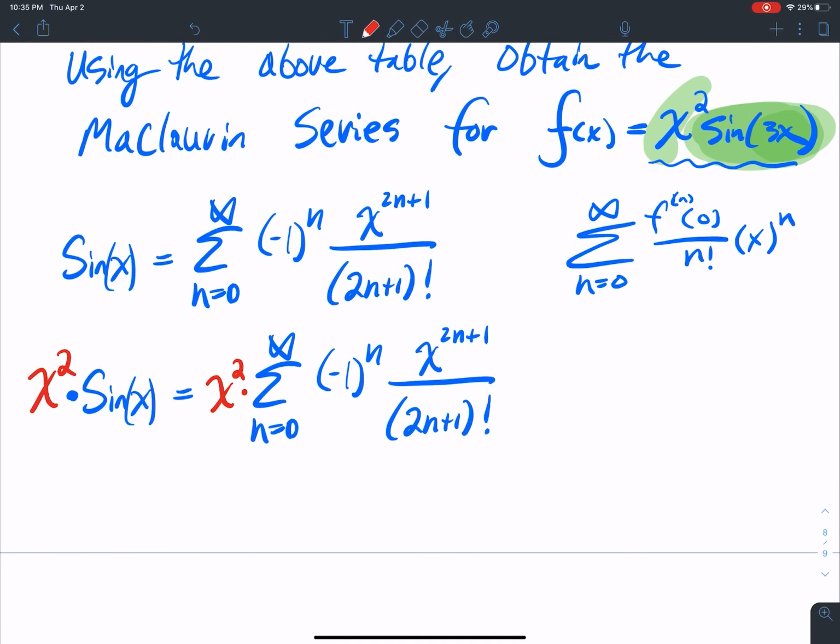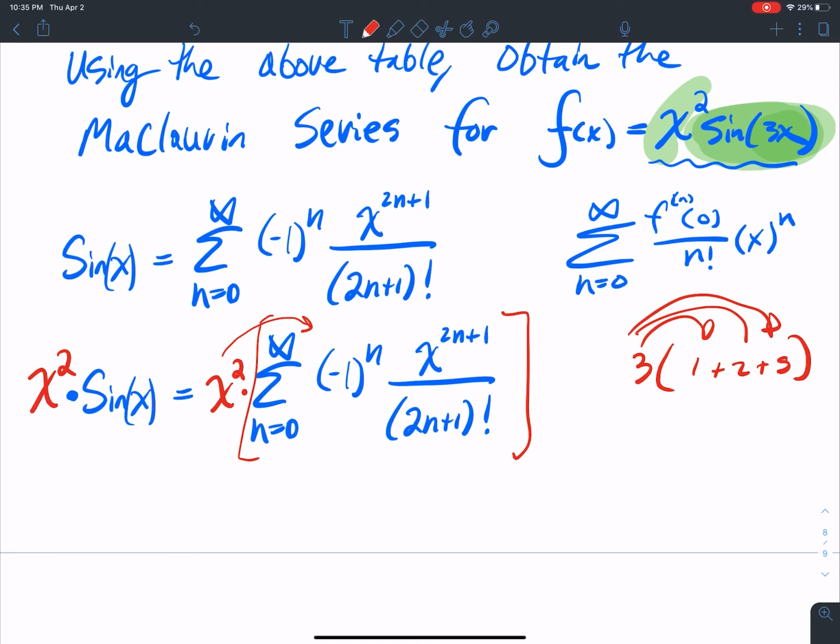Now, distributing in here, I can do this. This is a constant, it can come in. Just like if I had 3 times, 1 plus 2 plus 5, I can distribute the 3 into that sum, right? It's the same idea. I could distribute my x squared in.